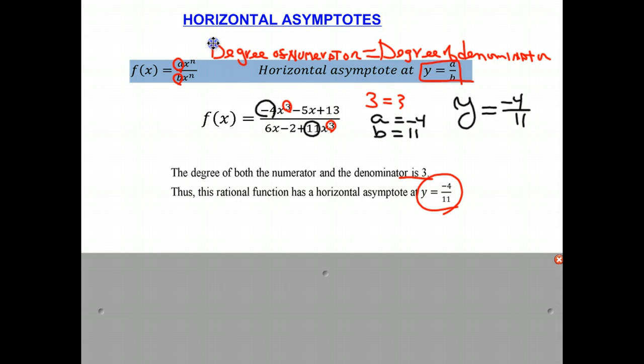Okay, so we've taken care of when the degree of the numerator is greater, and when the degrees of the numerator and denominator are equal. So now let's look at what happens when the degree of the denominator is actually the larger one.